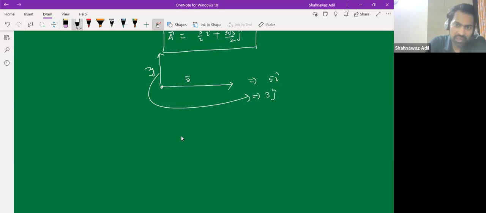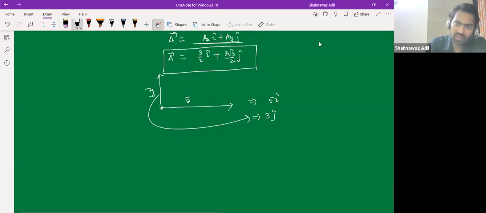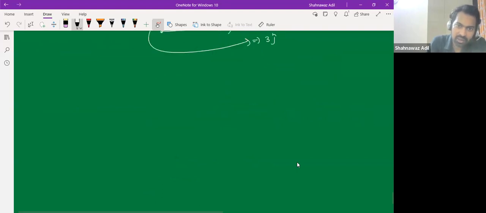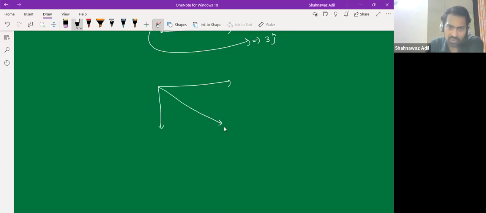Yes, sir. And if I am moving like this, then there will be an x component and a y component, and then we calculate like this. Again, if you have this kind of motion in this way, this is your velocity, right?